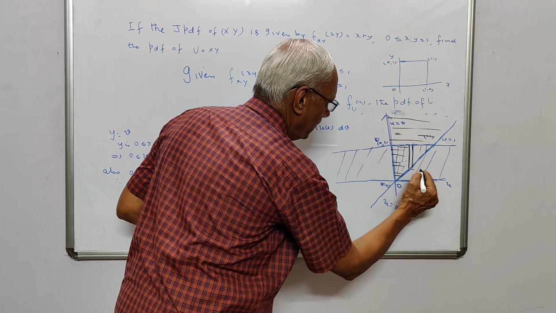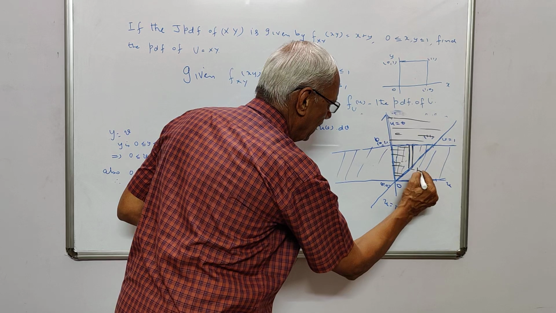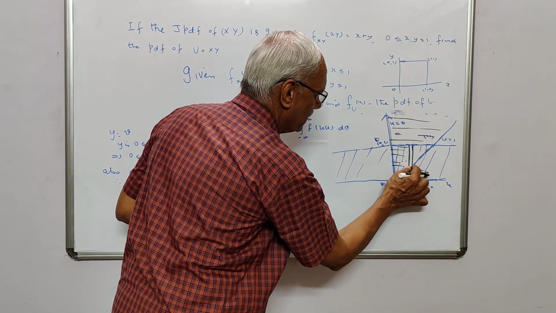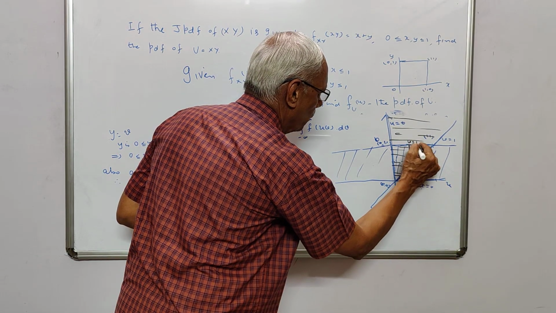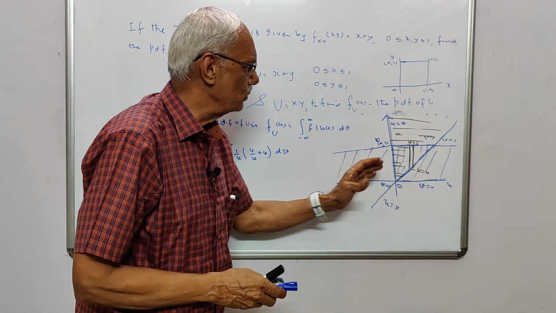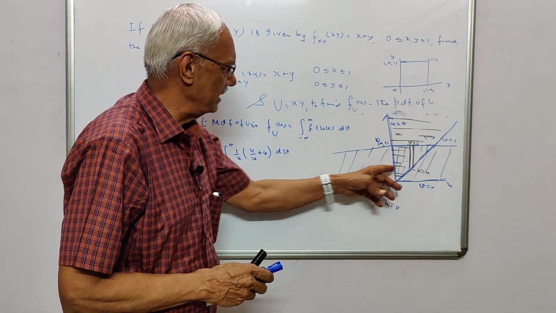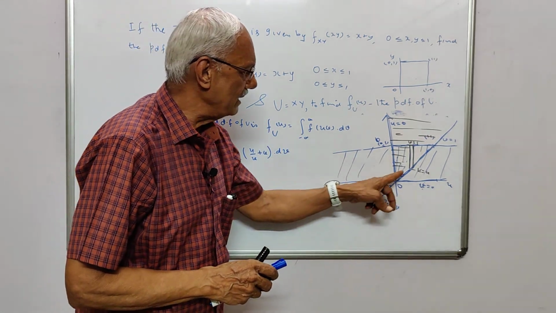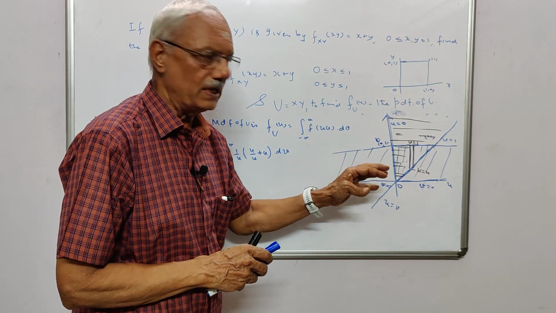Now at this point v is equal to u, and you draw the strip and it will go and dash at this point where v is equal to 1. So you see that this strip is going to graze over this triangular region, which is the region of this random variable, namely u v.